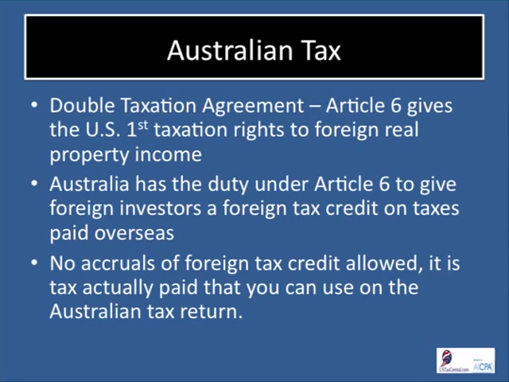There are tax treaties that deal with the taxation of income between countries, and obviously there is what we call Article 6 in the tax treaty that gives the United States first taxation rights to the income on real estate, and therefore Australia within the treaty has an obligation to give you a foreign tax credit.